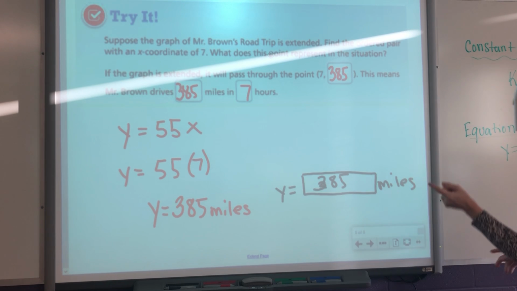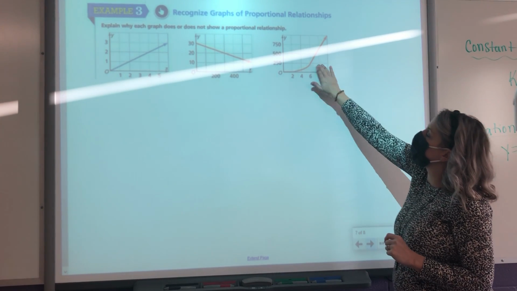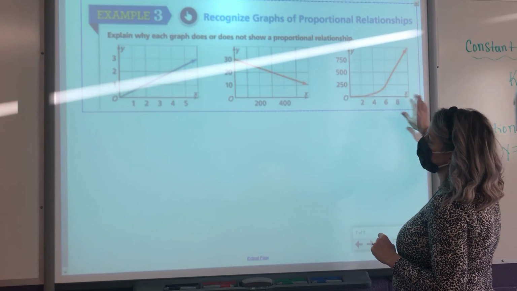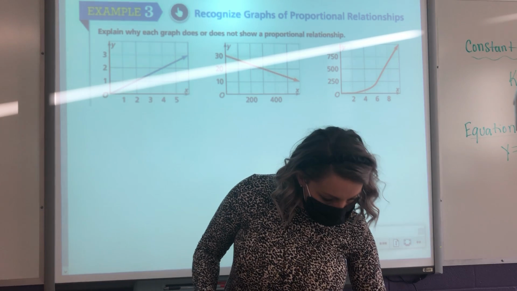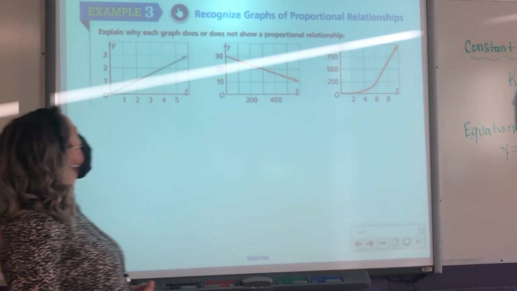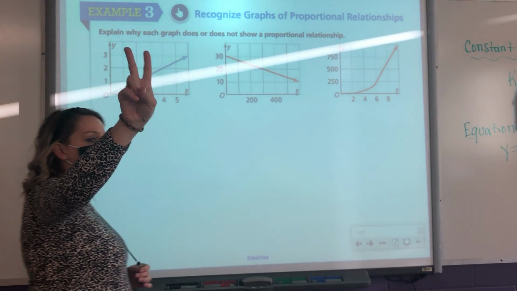All right, so let's go ahead and look at these three. Okay, so this is example number 4. We're still on page 117. Explain why each graph does or does not represent a proportional relationship. Okay, so what are the two things that we have as our criteria?